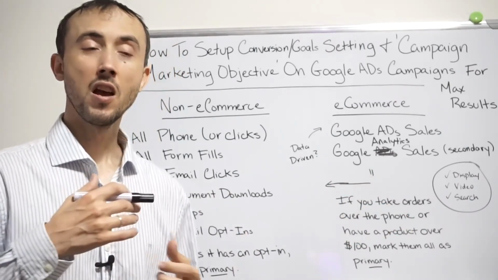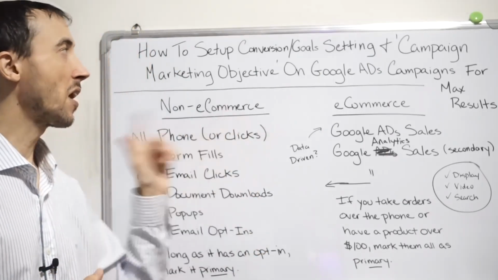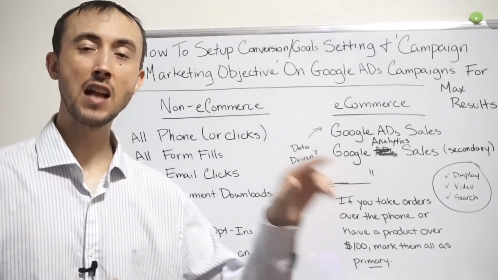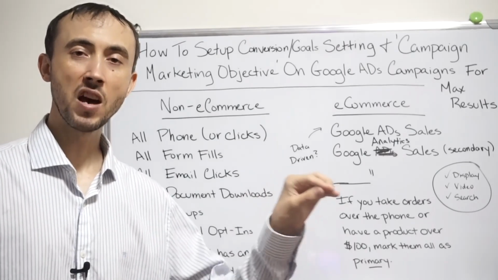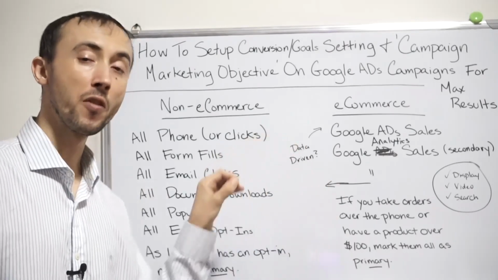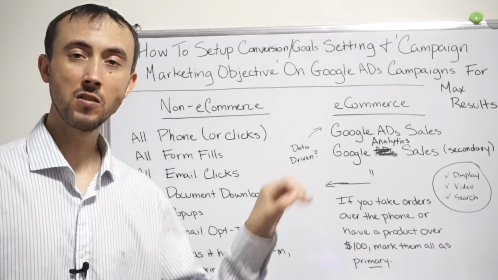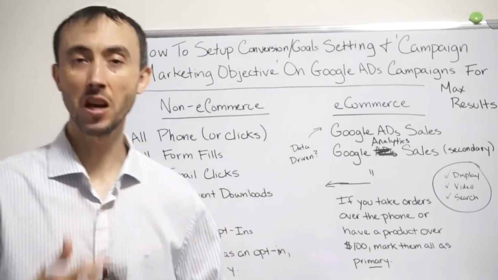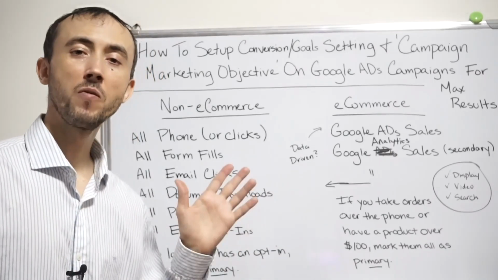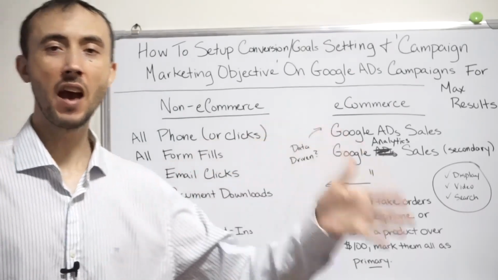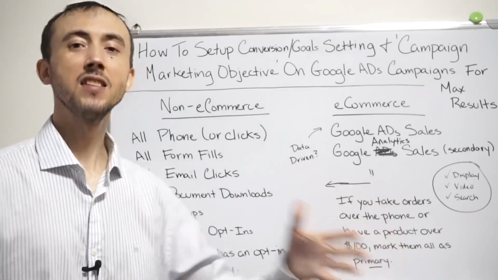If you have the campaign marketing objective as conversions, that checkbox that gives you the option to market on YouTube or other partner websites is not uncheckable. Only if you have the campaign marketing objective as brand awareness is it uncheckable.